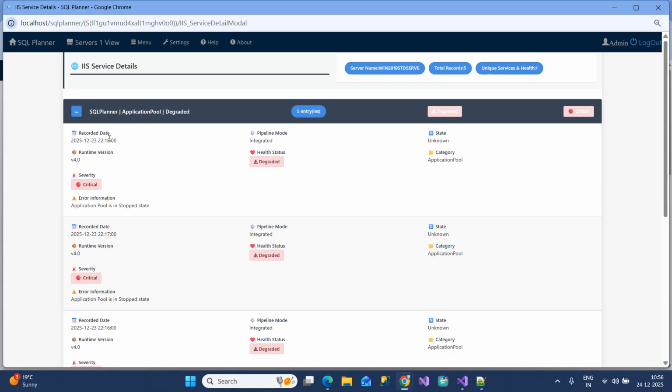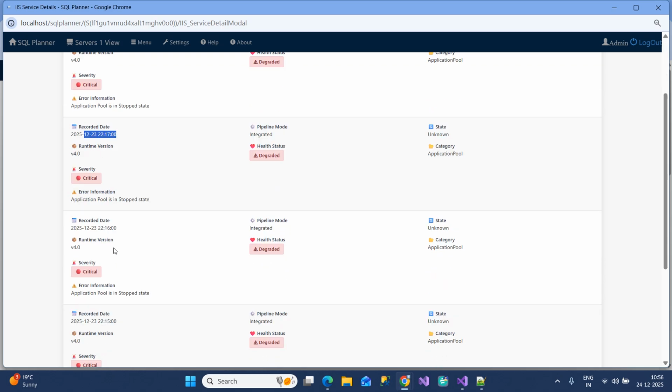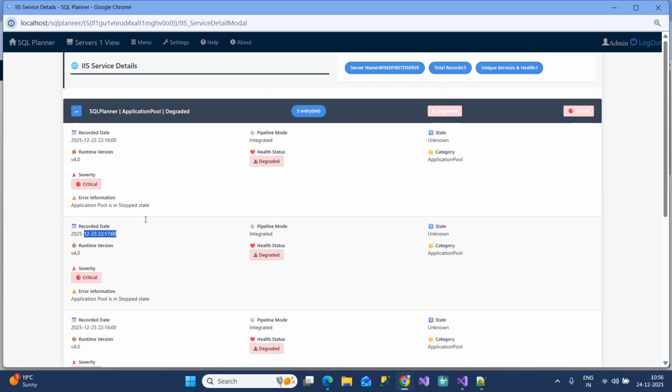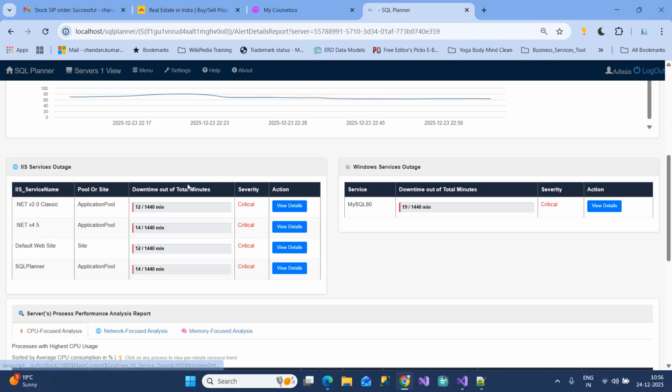You can see at which specific times it was in this state. So it gives you an overall good summary about its IIS health service.